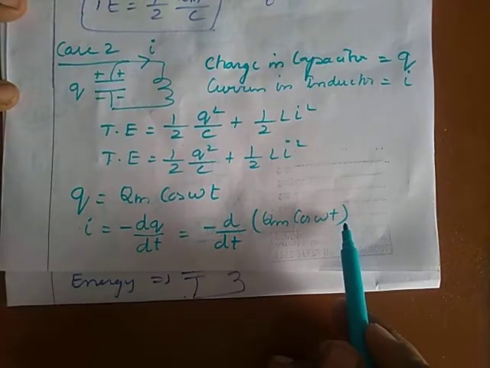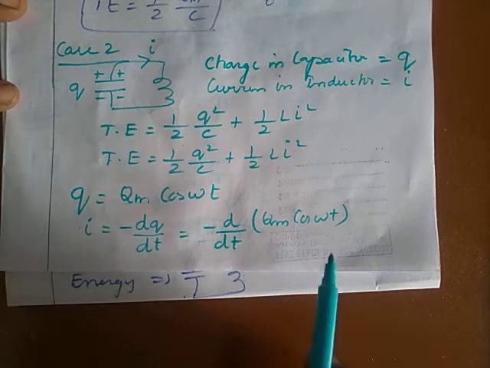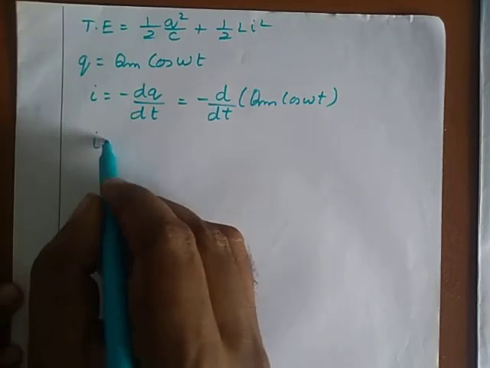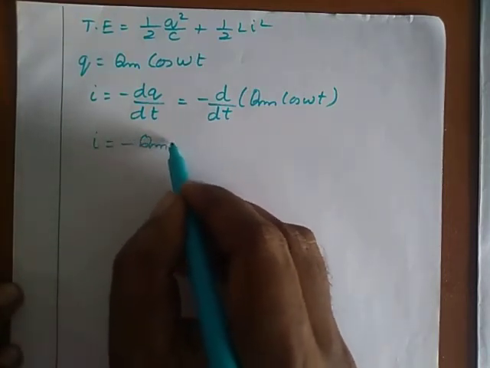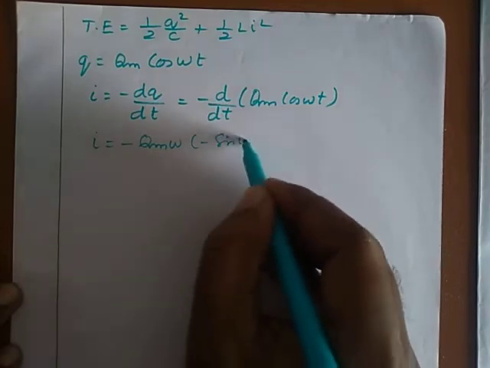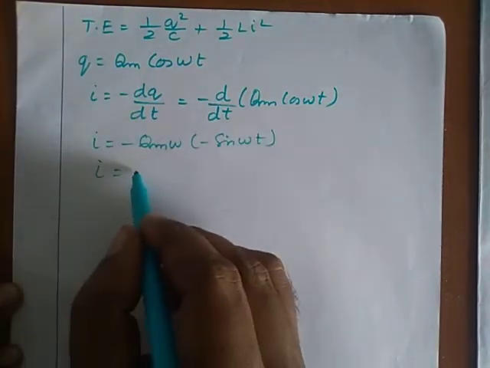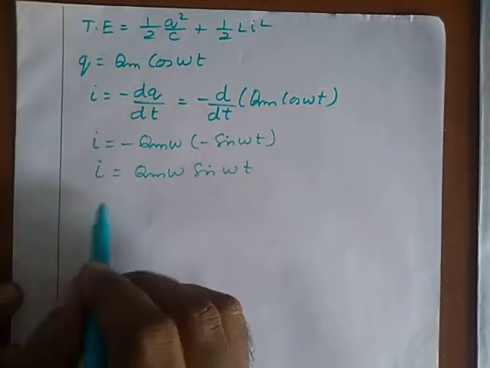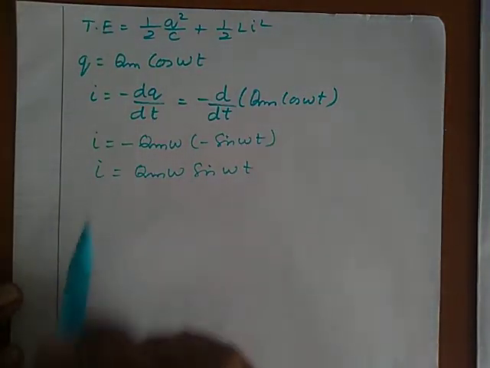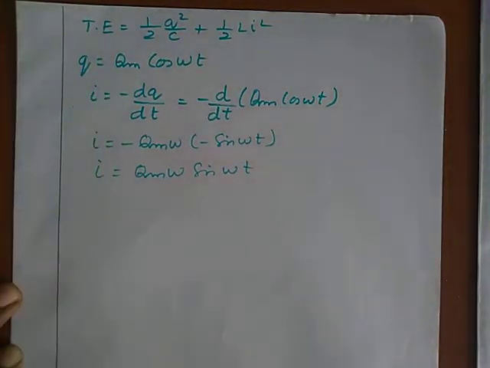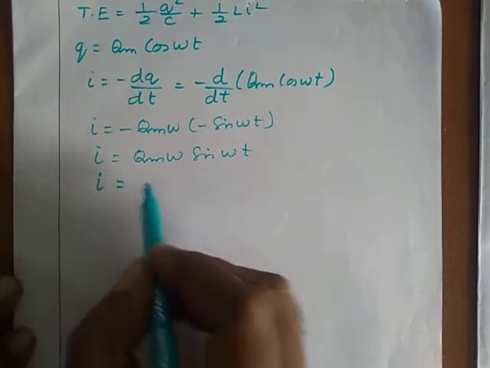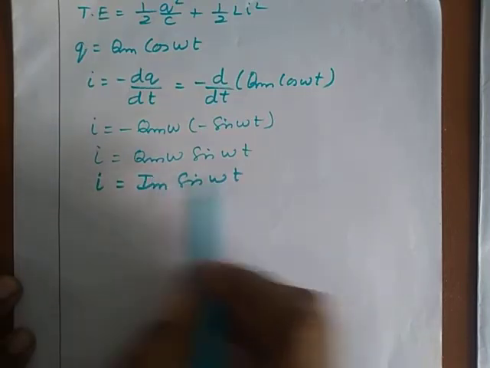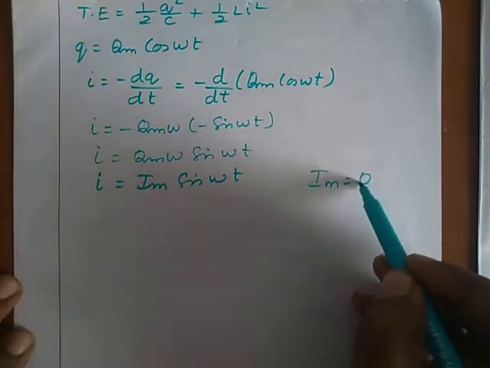Differentiating cos omega t, we get minus sin omega t into omega. So I becomes minus minus plus, Qm omega sin omega t. This is the current at this instant and Q is the charge at that instant. So this can be written as Im sin omega t.